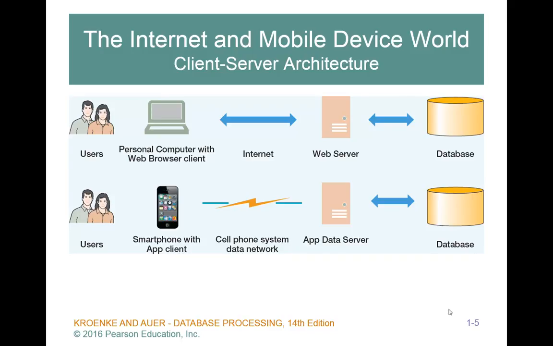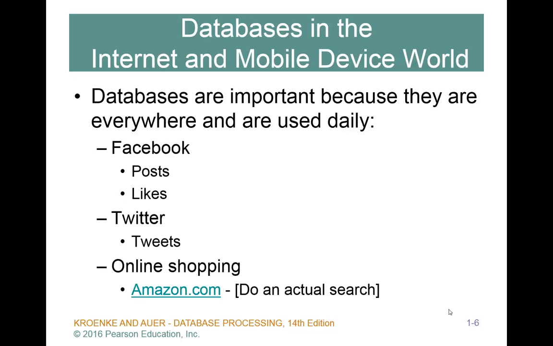The structure of what we're talking about here is the client-server architecture, okay, with the personal computer or web browser or your smartphone being the client and the server being the back-end database or application server or web server that ties into the database, okay? Databases in today's world, especially a mobile device-driven world, are very, very important because we're talking about everyday use.